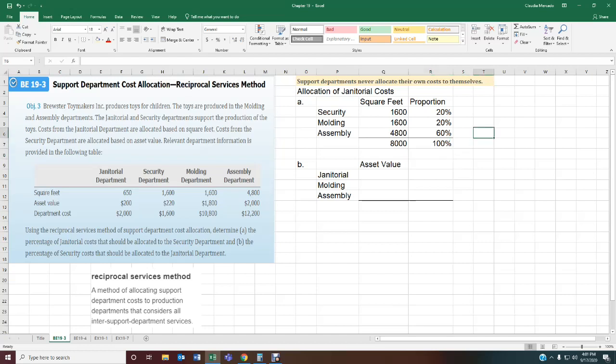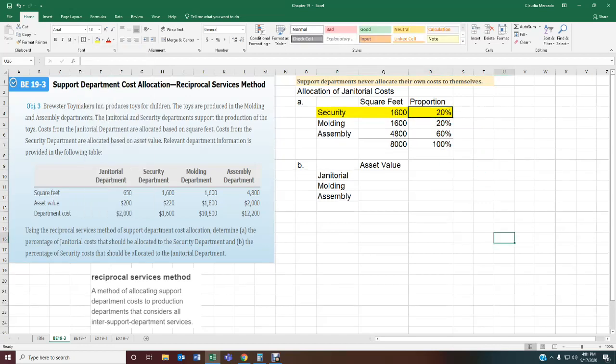So they're asking you, using the reciprocal services method, determine the percentage of janitorial costs that should be allocated to the security department. So the percentage that we are going to be allocating is 20%. We did it for all three of them, which is awesome in case they ask you for any other.